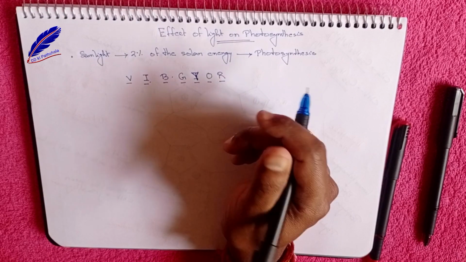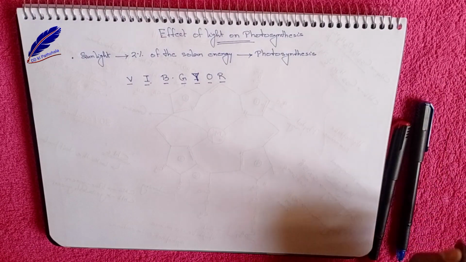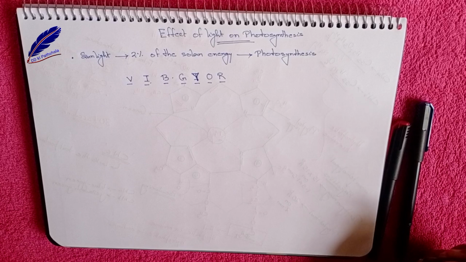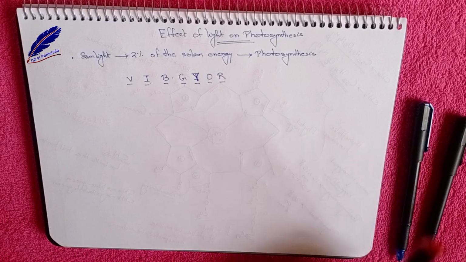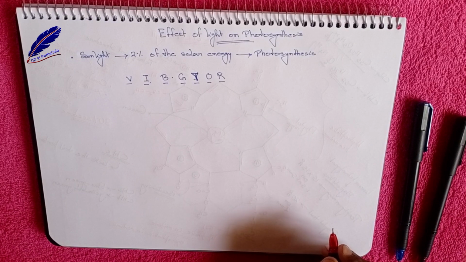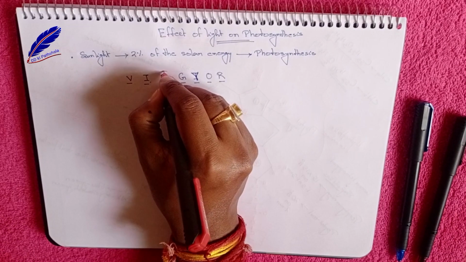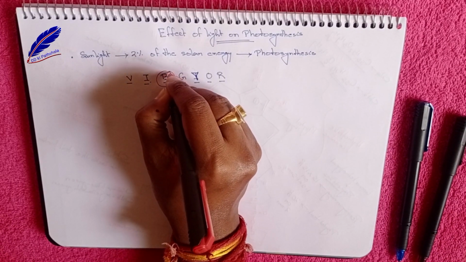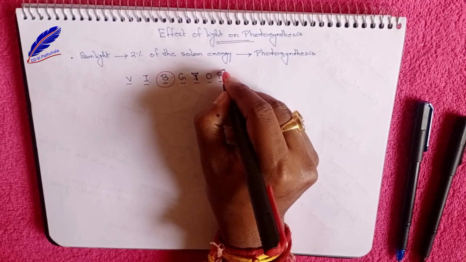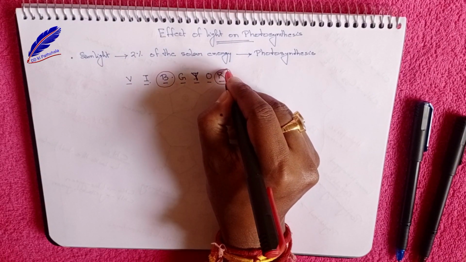Now out of these 7 monochromatic lights, experimentally it has been observed that photosynthesis takes place in the blue light zone and in the red light zone.